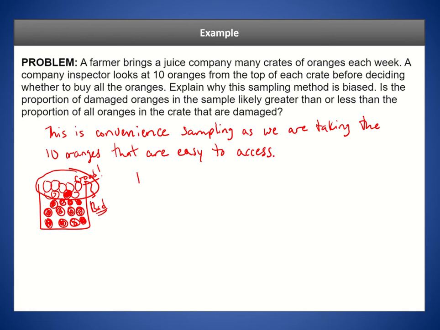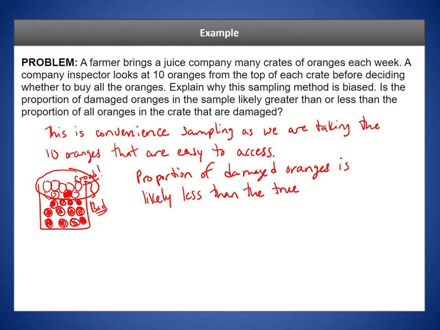So the proportion of damaged oranges is likely less than the true proportion, meaning the proportion of all oranges. They're actually more bad, but we said there's only a little bit bad. And that's because we have our bias.